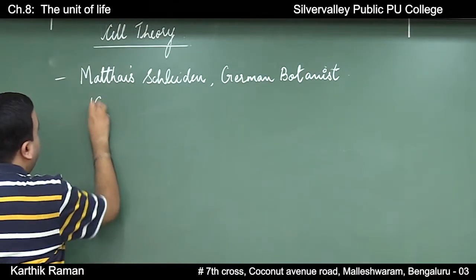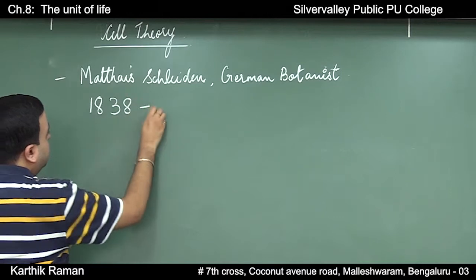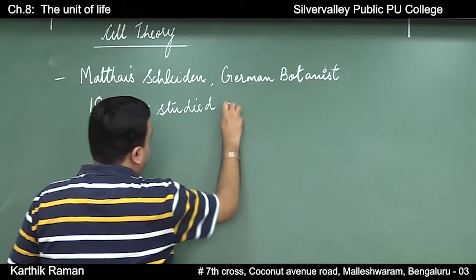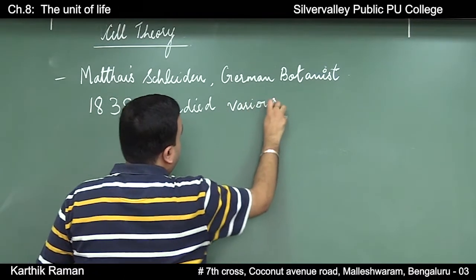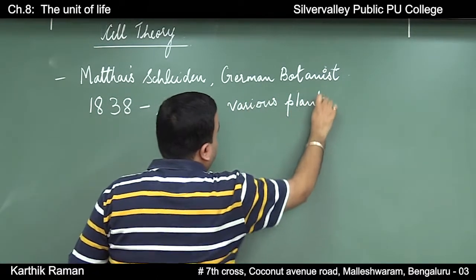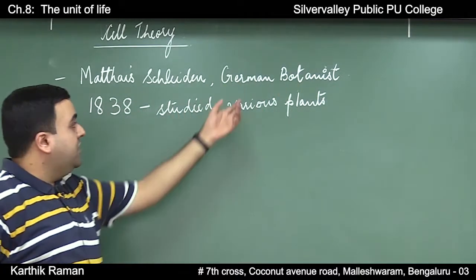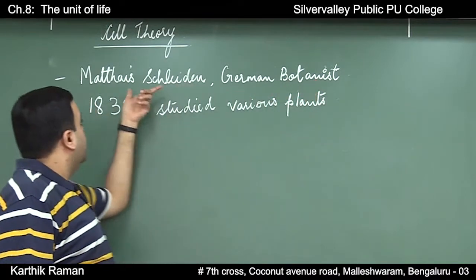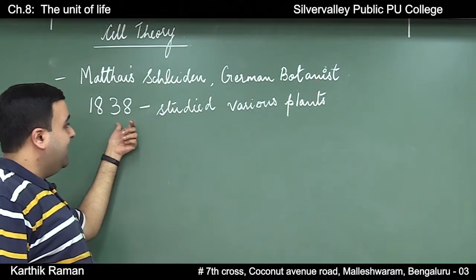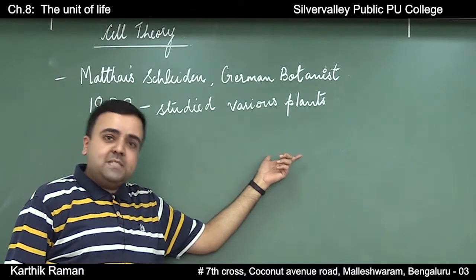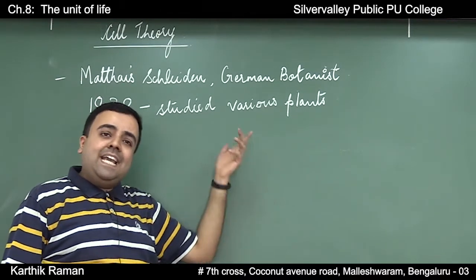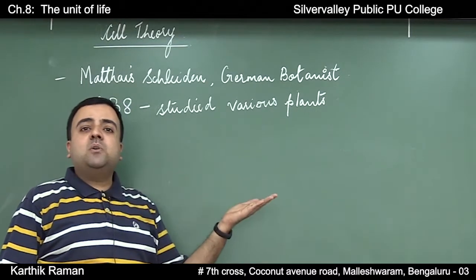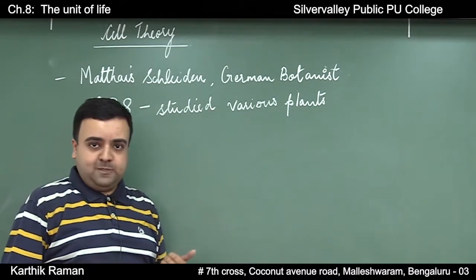He in the year 1838 studied various plants, because botany is a branch of biology that deals with plants. So Matthias Schleiden in the year 1838 studied various plants, and he found that each plant is made up of different types of cells, and that is going to form the plant tissues.